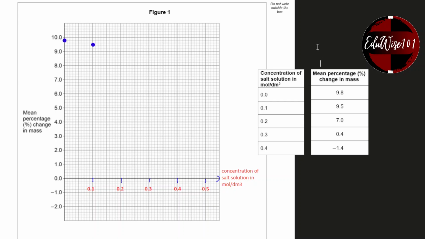So 9.8, 9.5, and then it's 7. 7 is going to be there, and at 0.3 concentration it's 0.4. That will be just 2 boxes, and at 0.4 mole per dm cube it's minus 1.4, so it should be just over there.